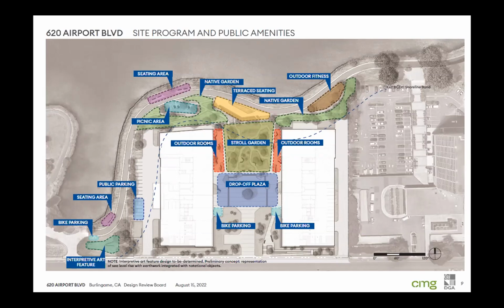In addition, if you look at the lower left of this plan, we've located a site that we think is promising for an interpretive art feature, perhaps an interpretation of sea level rise using earthwork and interpretive sculptural features.